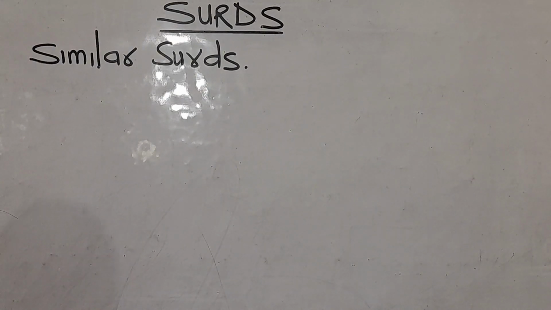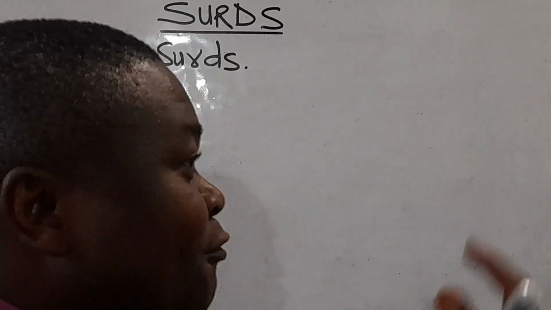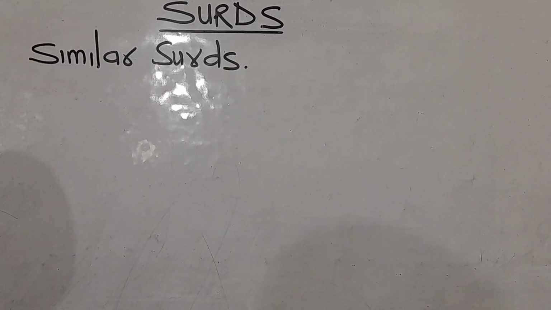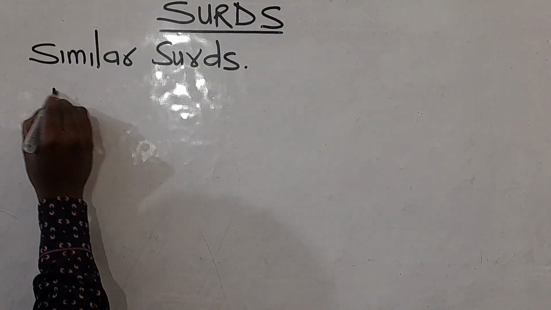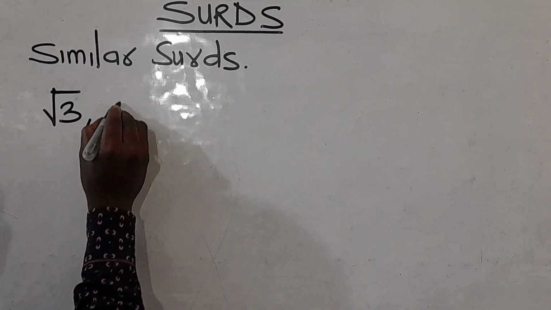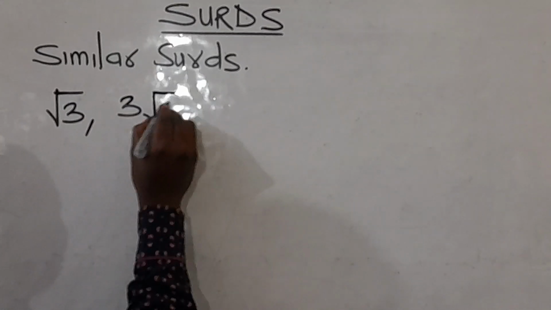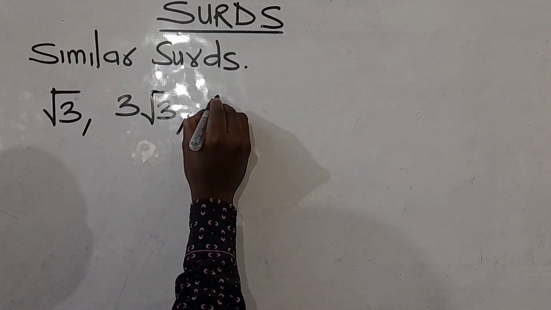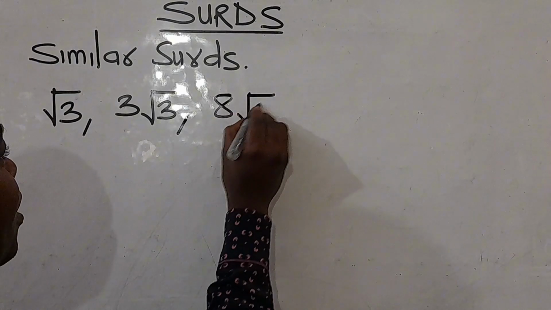We go over to similar surds. Surds which are multiples of the same surd are known to be what? Similar. For example, we have root 3, 3 root 3, 8 root 3.